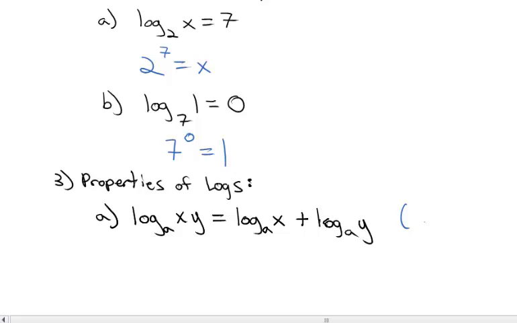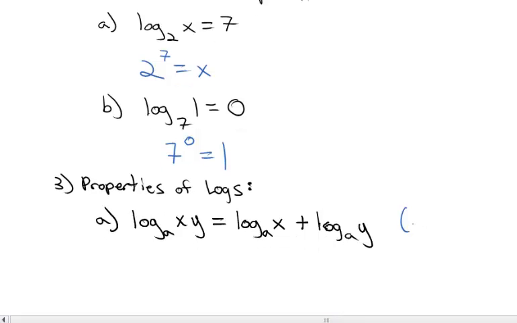This comes from the property, using different variables, that m to the p times m to the q is m to the p plus q. When we multiply inside a log, we add the exponents. We add the logs.